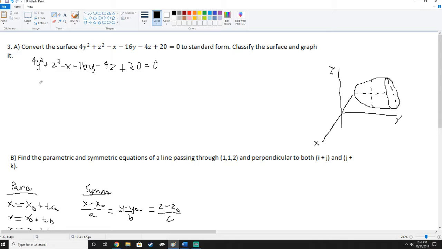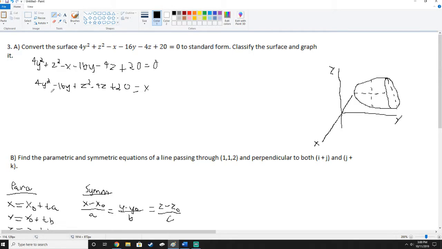So what we should have after doing some algebra is 4y squared minus 16y, just grouping our y variables together with our z variables together, plus z squared minus 4z, and we're going to have plus 20 equals x.